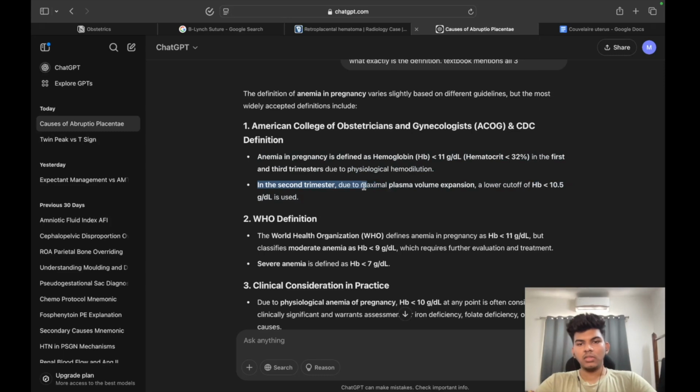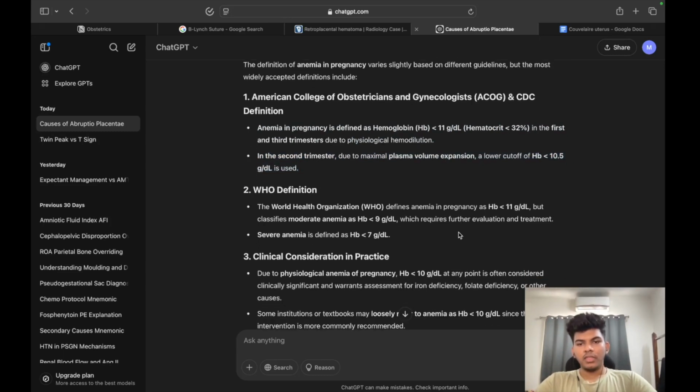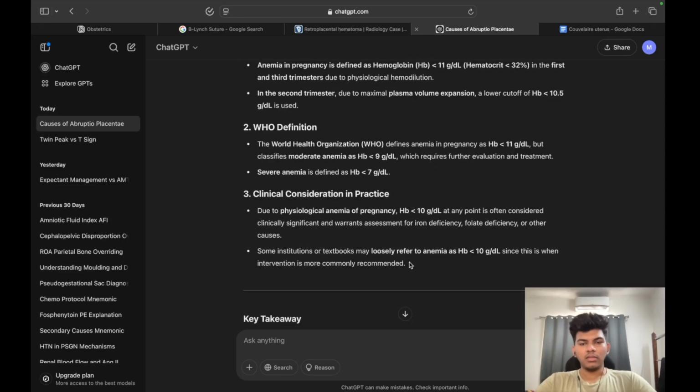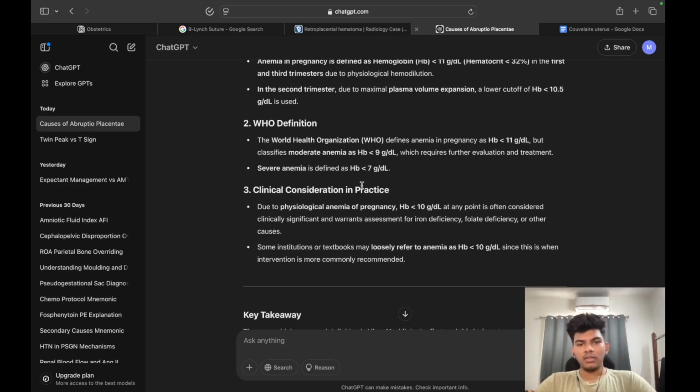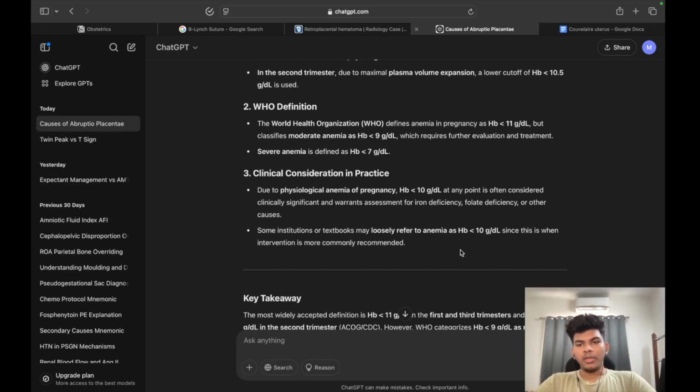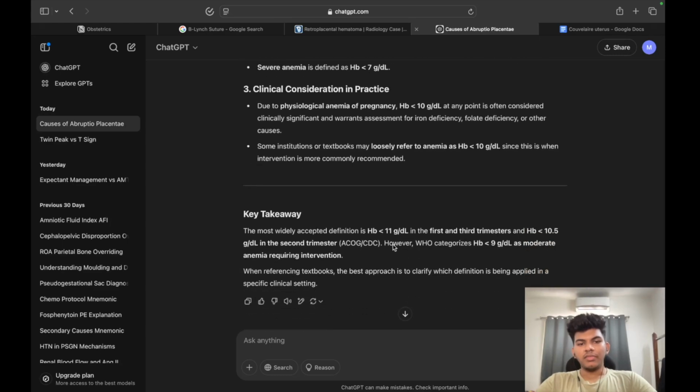In the second trimester, due to maximal volume expansion, the lower cutoff is 10.5. WHO: less than 11, moderate is less than 9 and severe is less than 7. 11, 9, 7. And in clinical practice, less than 10 at any point is often considered clinically significant.